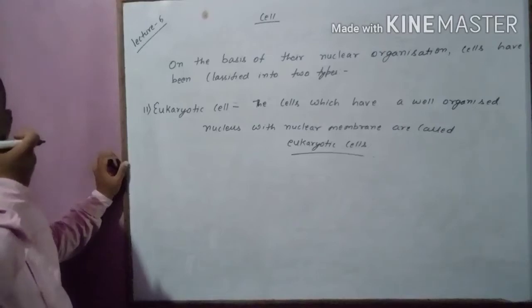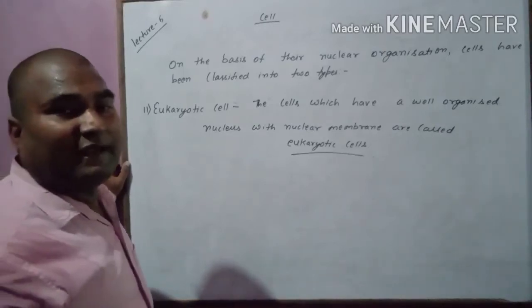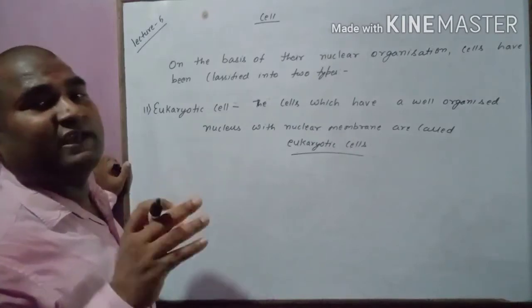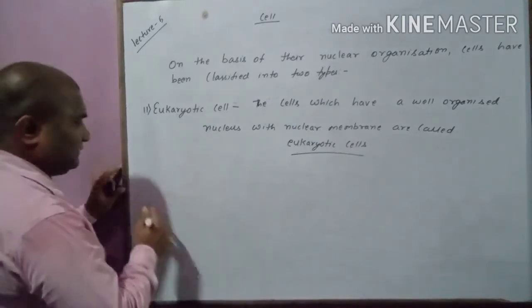Apart from bacteria and cyanobacteria, that is blue green algae, all living organisms are called eukaryotes because they have eukaryotic cells.